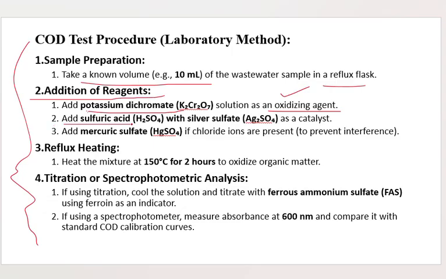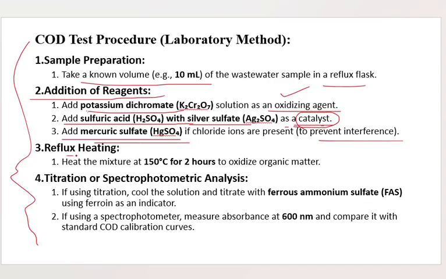Then we add sulfuric acid with silver nitrate as a catalyst. Catalyze means to speed up the chemical reaction. Please remember the meaning of catalyze. Then we add mercuric sulfate. Mercuric sulfate is added to prevent chloride interference. If there is chloride ion present in the sample water, it can interfere with the reaction, which leads to incorrect results.